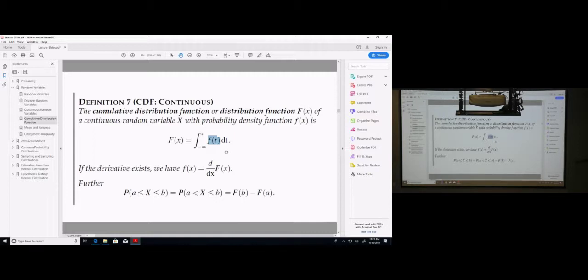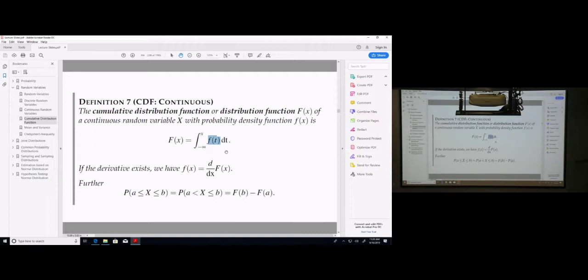Even a countable number of points that you change is not going to affect your integration, the area under the curve, okay? Because the area under the selected points where you change is 0, so there is no contribution over there.